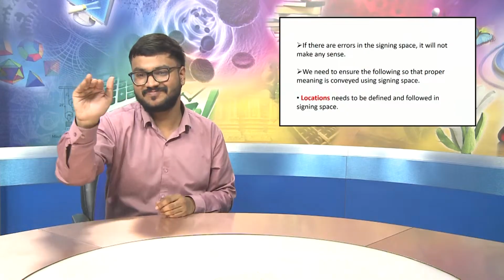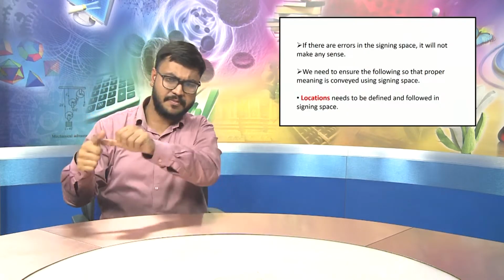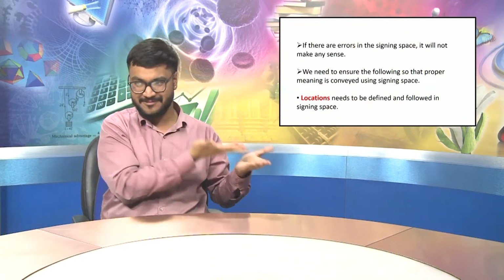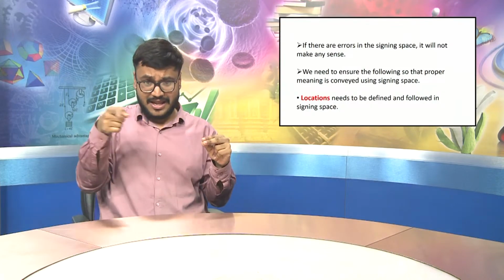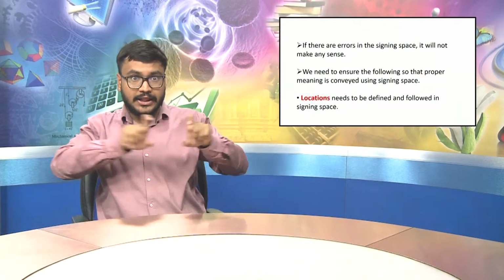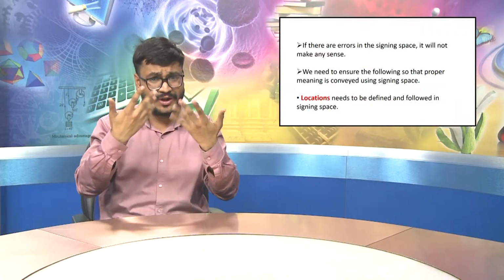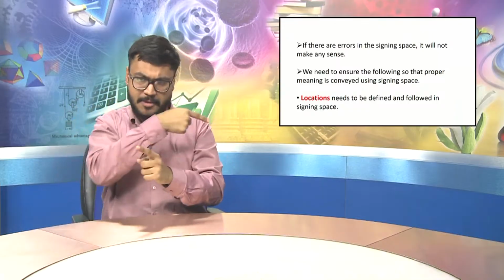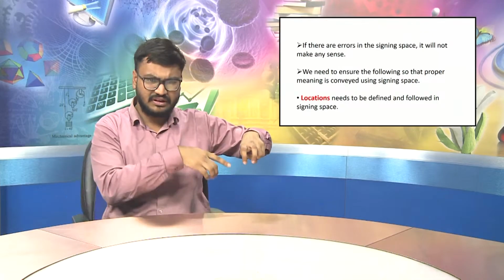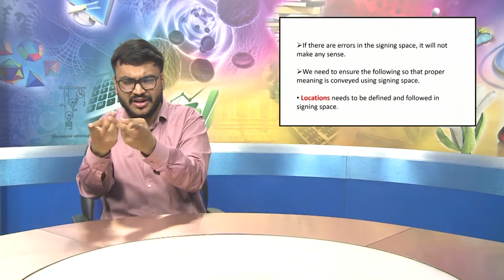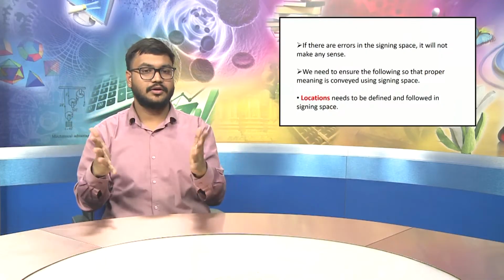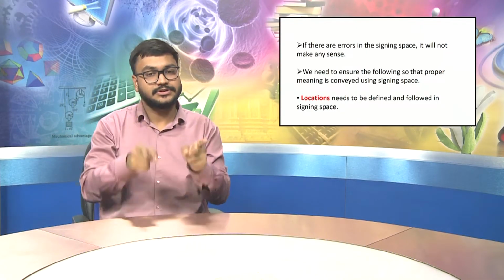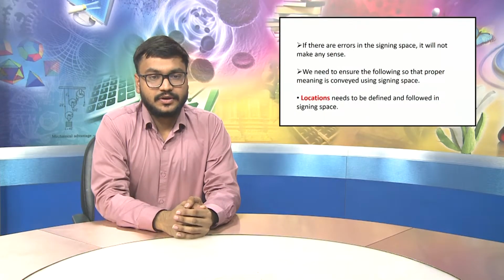For example, far away I called my friend and took him to my house. So the location of my house, my friend and me is already fixed, so the sign is clear. If it is not, then the sign can be confusing.